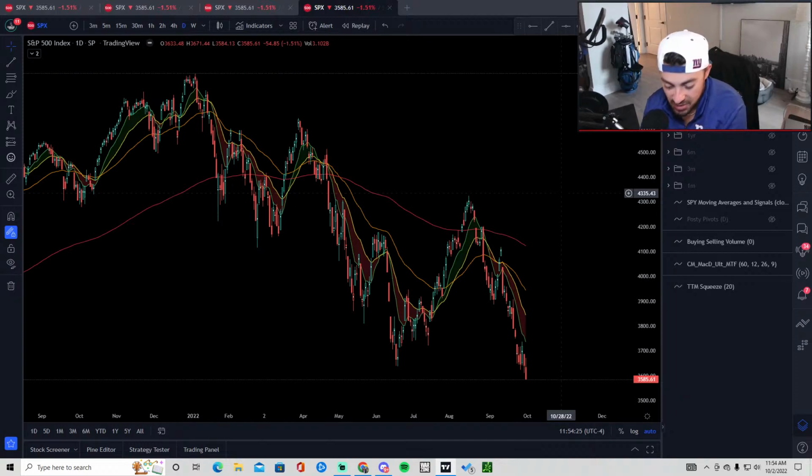And playing off of a key level as well as waiting for confirmation. So I do like retests. I like playing off of EMAs, VWAP, whatever it may be.